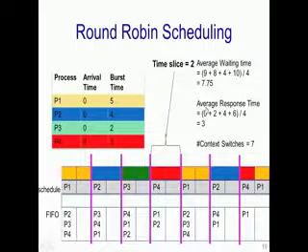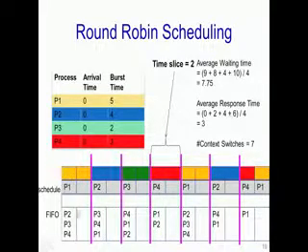Now, to compute the average response time, as we defined it before, the response time is the time from when the process enters the ready queue to the time it begins to execute in the CPU. That latency would be the response time. P1, for instance, has a response time of 0 because it enters the FIFO and gets executed immediately.